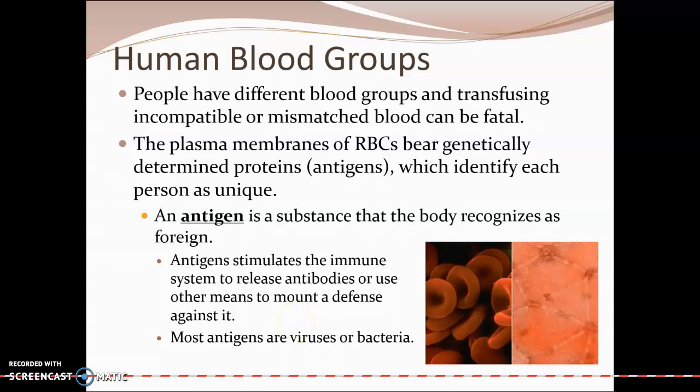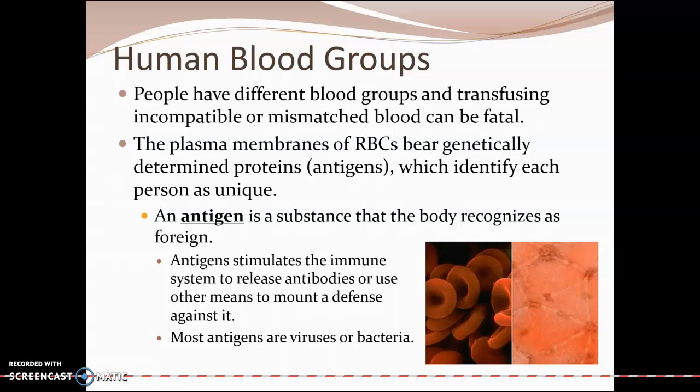The way that they determine how to use the blood bank and the blood that they have for people for transfusions is by determining what type of blood a person has that needs that transfusion, and what kind of blood they have stored to give the transfusion.